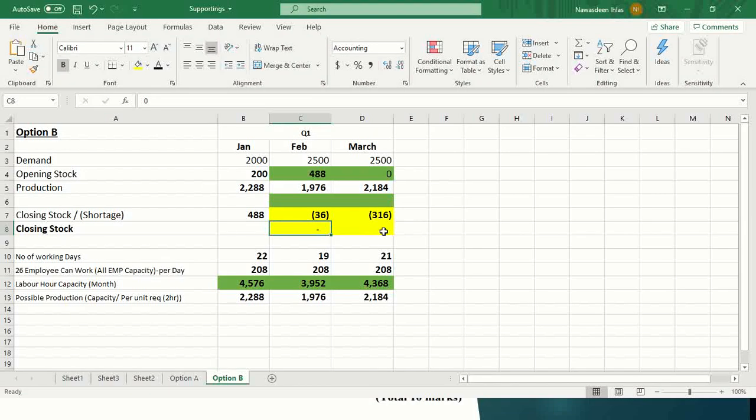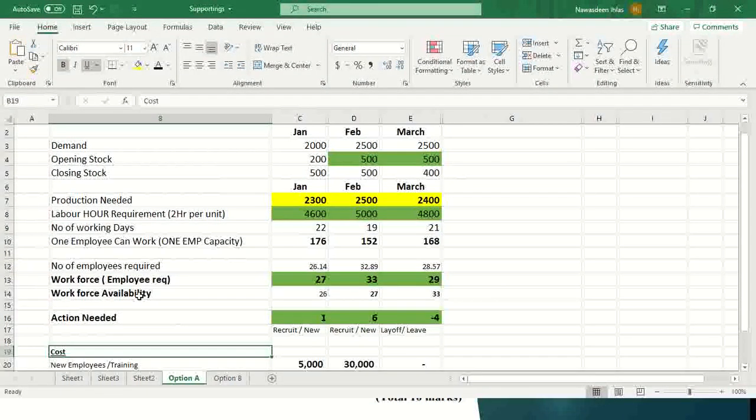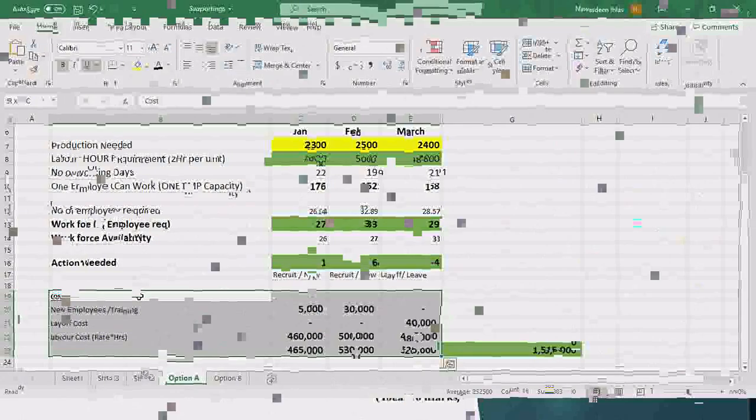Right. Now in the second scenario, how are we going to compute our cost? Okay, we'll do that one. Cost. Now option 2.